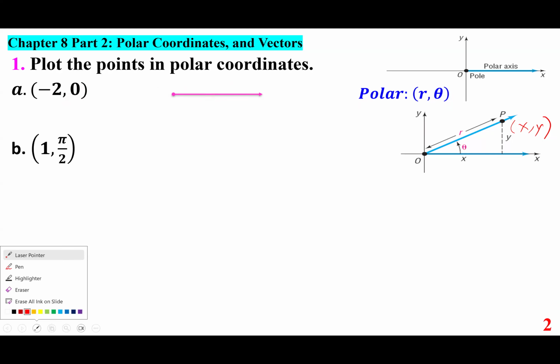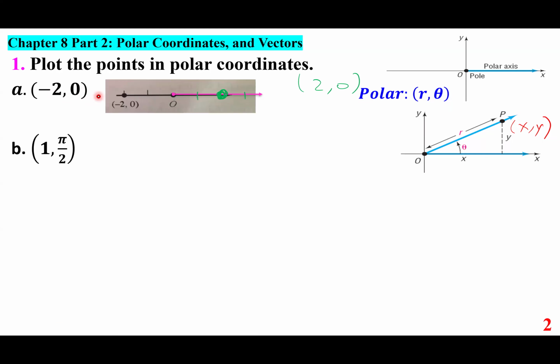In other words, let's say it was 2 comma 0. You would go 2 tick marks on the right. But because it's negative, you go in the opposite direction. -2 comma 0, and the point is this one. Okay, everybody? This one is 2, 0. This one is -2, 0.